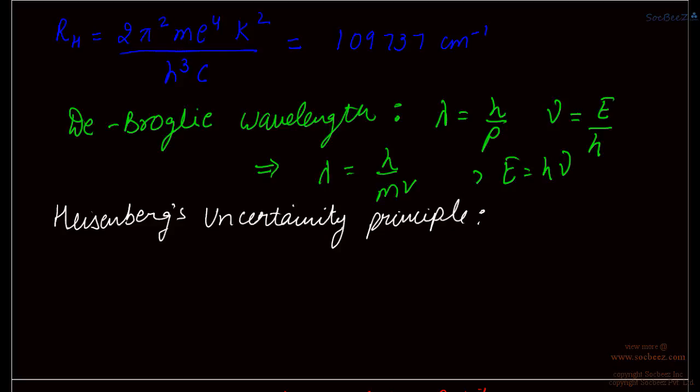The Heisenberg uncertainty principle states that simultaneously, that is at the same time, the accurate value of position and the accurate value of momentum cannot be determined.